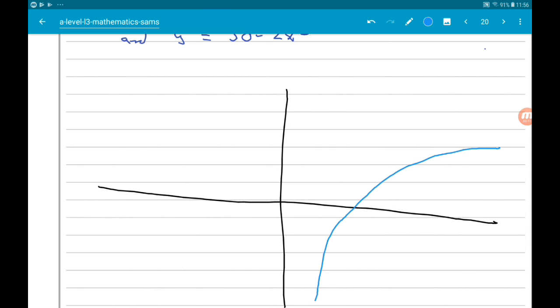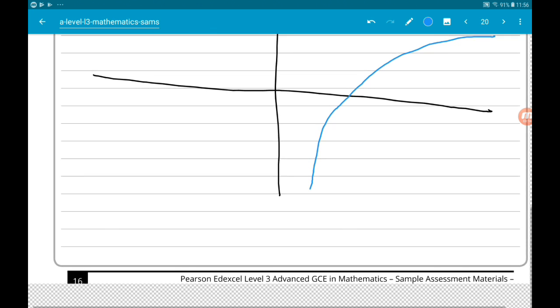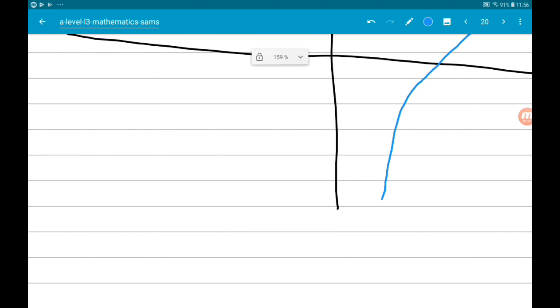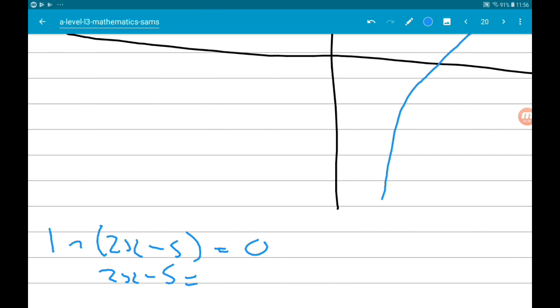Now to find the x-intercept, we set log of 2x minus 5 equal to 0, exponentiate, then we get 2x minus 5 is equal to e to the power of 0, which is 1.